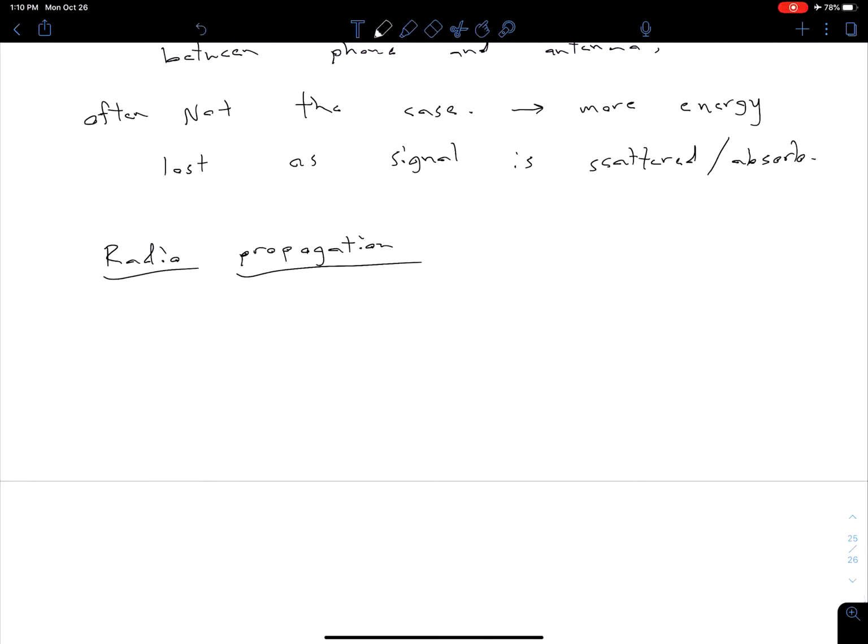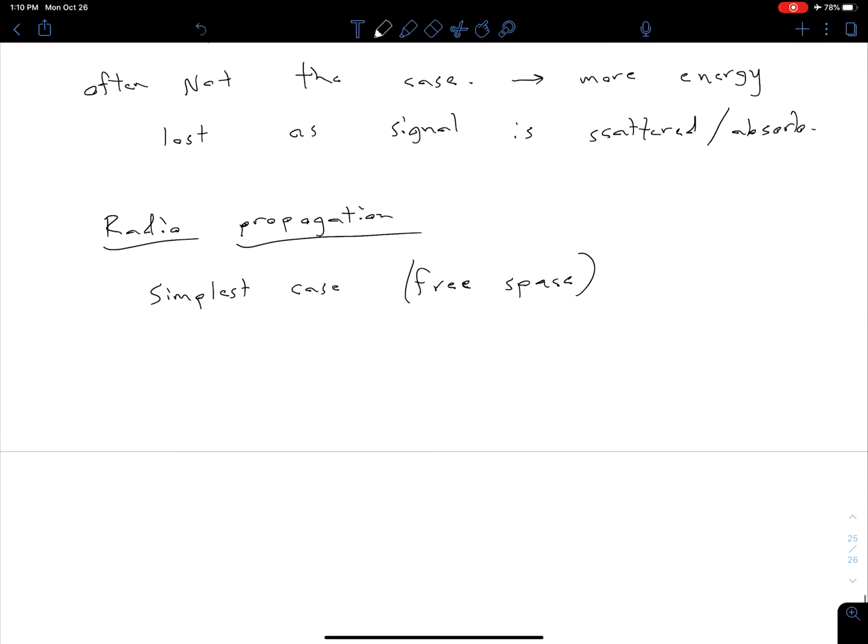As a point for comparison that we'll come back to after we work this problem, we can consider the simplest case, which is propagation in free space. So we don't have any buildings, trees, anything like that that's going to interfere with this signal.